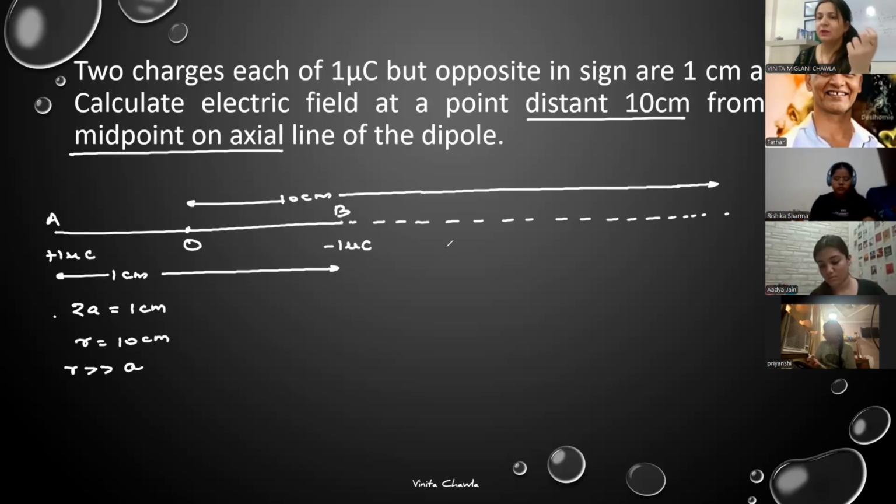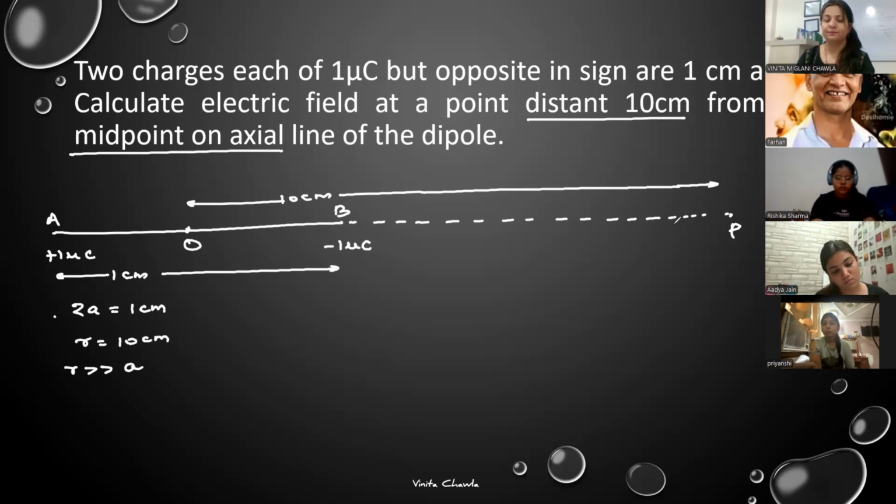If you know the formula, apply it directly; if not, use the concept. We will first find the electric field intensity at point P because of this charge, and then because of this charge, minus 1 microcoulomb, we can find the electric field intensity at point P, and we'll mark the directions of both the electric field intensities and subtract. So this is the concept behind it. In the derivation of the axial line, we use the concept and derive the formula.